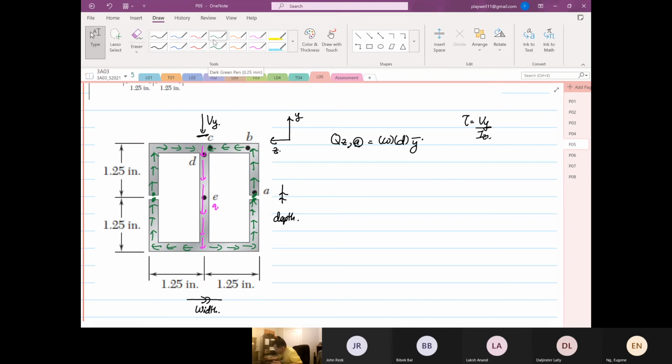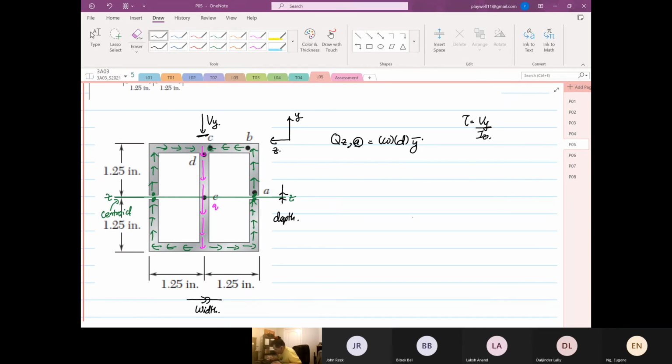Okay, so if this is our centroid, right? So this is our centroid, right? So this is still our what? ZZ. So that's our width and that's our depth. Right? So at point A, the width, right?